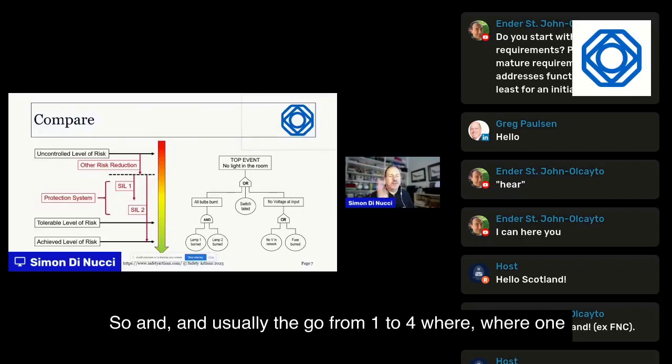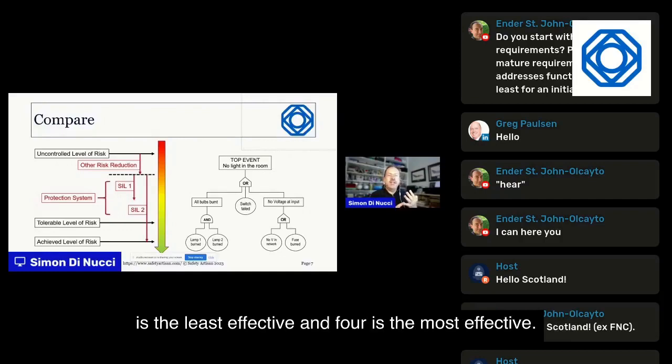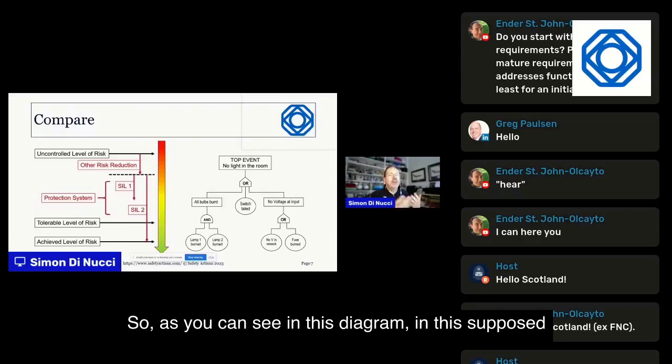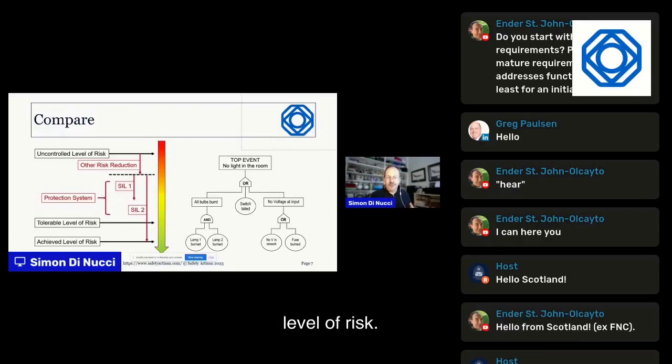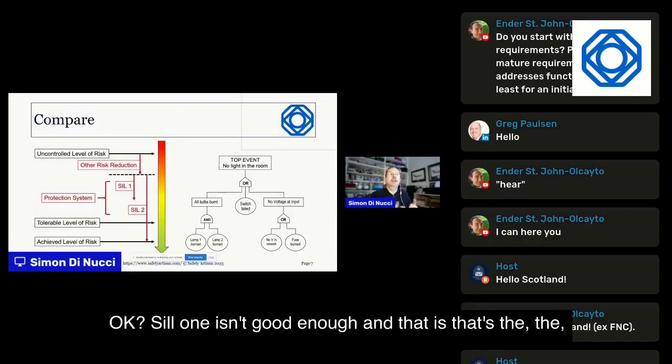Usually the SILs go from 1 to 4, where 1 is the least effective and 4 is the most effective. As you can see in this diagram, in this supposed system, we need a SIL 2 system to get us under the tolerable level of risk. Okay, SIL 1 isn't good enough.